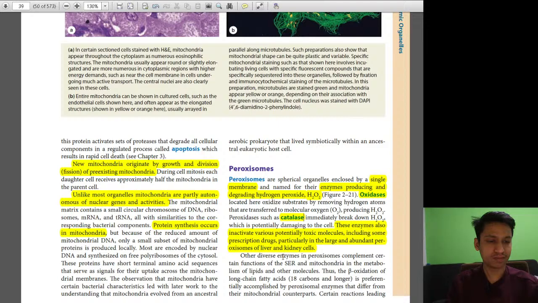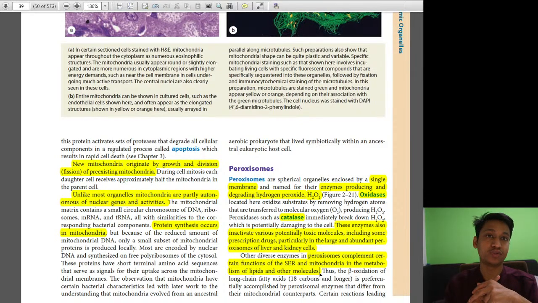Other diverse enzymes in peroxisomes complement functions of the smooth endoplasmic reticulum and mitochondria in the metabolism of lipid and other molecules. So this is also important: peroxisomes complement the function of SER and mitochondria. Functions of SER were to produce steroid hormones, some lipids and steroid hormones, and also some hormones from the cytochrome P450 family.